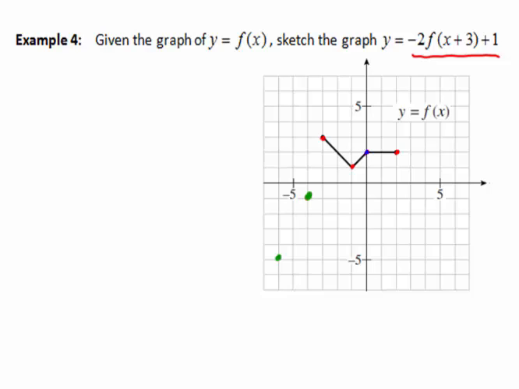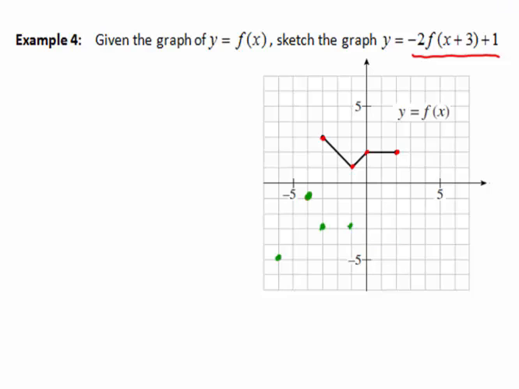Let's go again with this coordinate. Now if we multiply the y value by -2, it'll put us down at -4. We go 3 to the left and 1 up, and we have our new coordinate. One last one, let's take that point, same thing, multiply by -2 will put us down to -4, over 3, up 1, and here is our new coordinate.